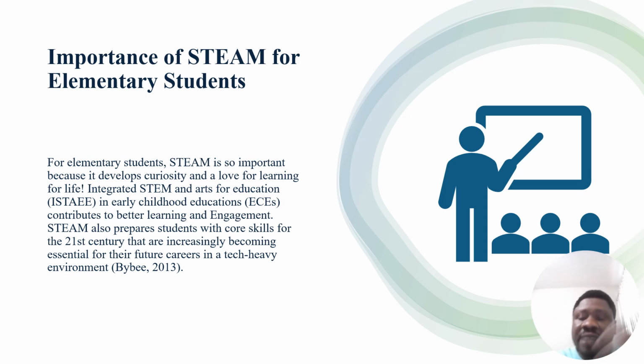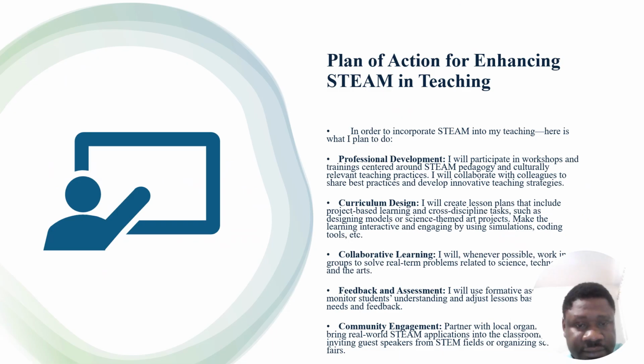One of the good things about early childhood education is that the environment propels a child to develop into a well-rounded adult. So, plan of action for enhancing STEAM education: professional development, curriculum design, collaborative learning, feedback and assessment, community engagement.